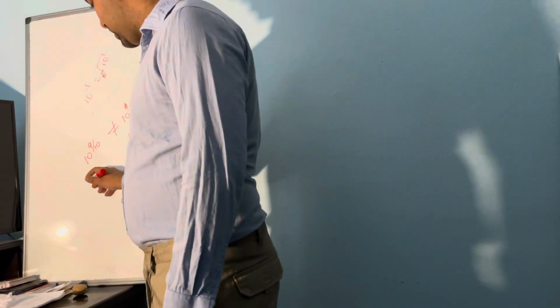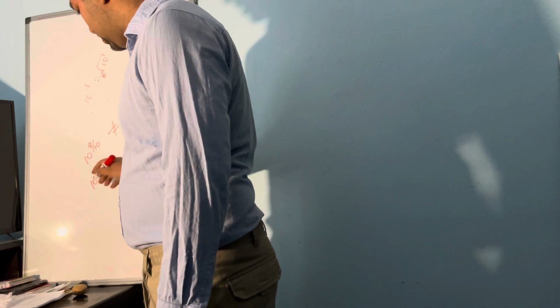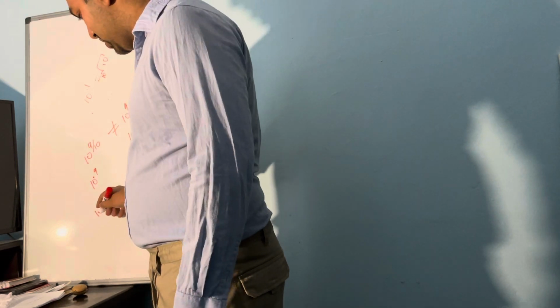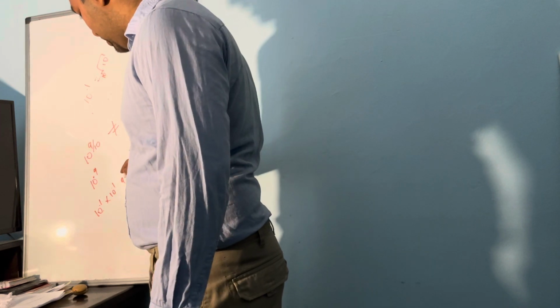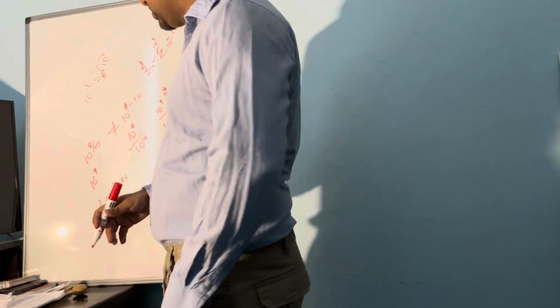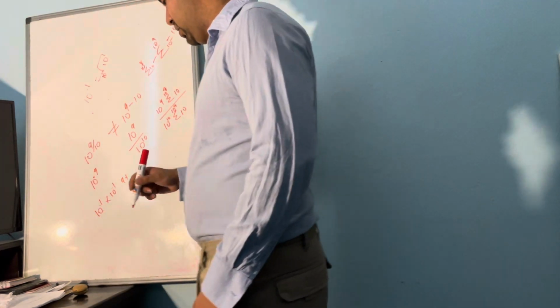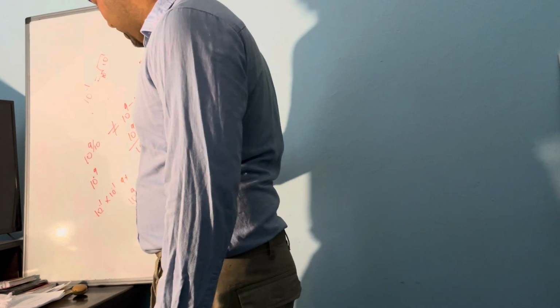But 10 to the power of 9 over 10 is 0.9, which I just described as 10 to the power of 0.1 times 10 to the power of 0.1, 9 times. But that's not what I want to see here. What I want to see here is that this is 10 to the power of 9.